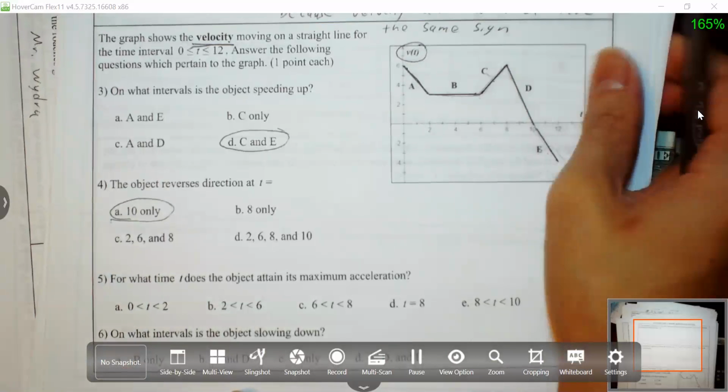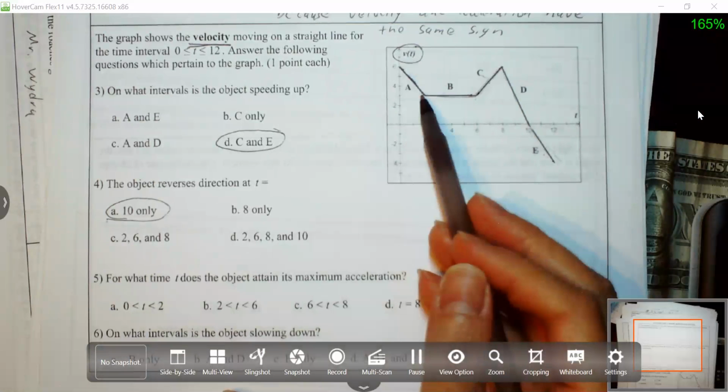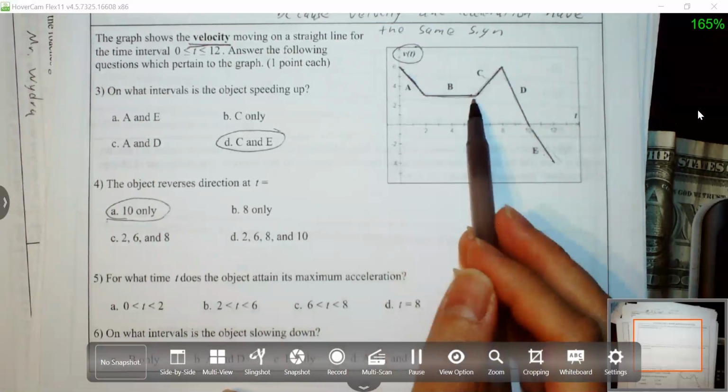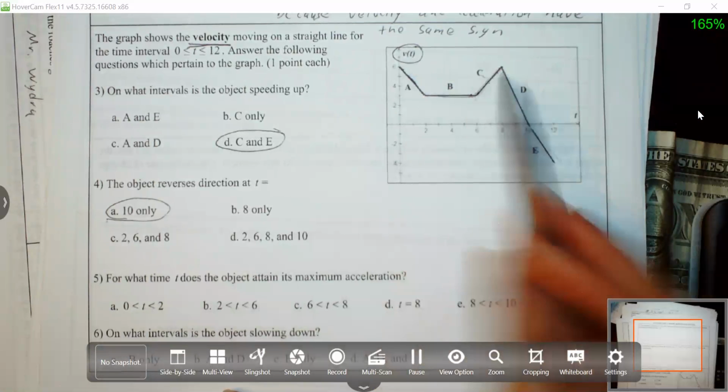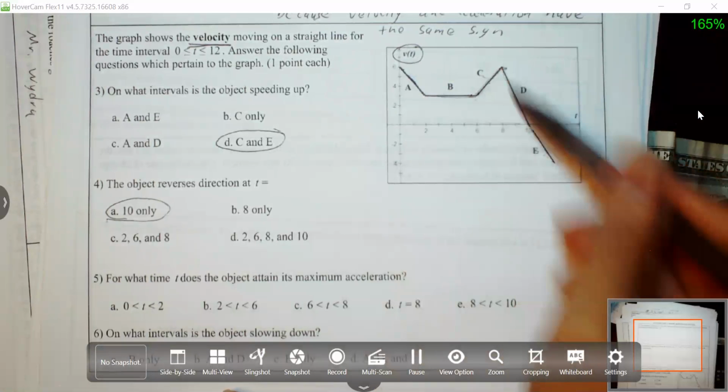Number 5, for what time t does the object attain its maximum acceleration? Okay, now let's look at our options here: 0 to 2, 2 to 6, 6 to 8, right here at t equals 8, or from 8 to 10.